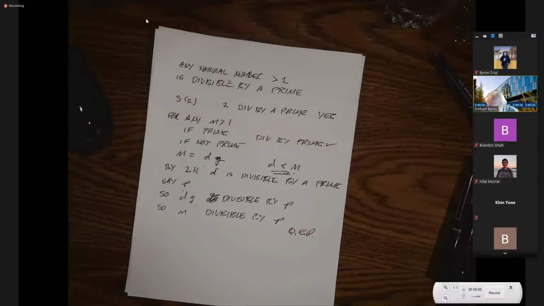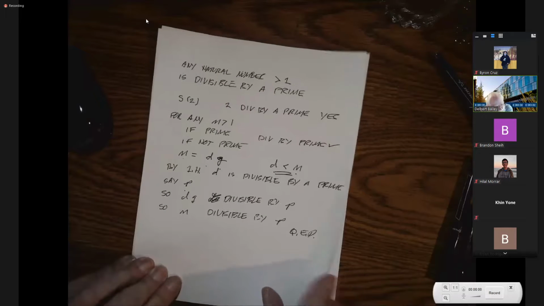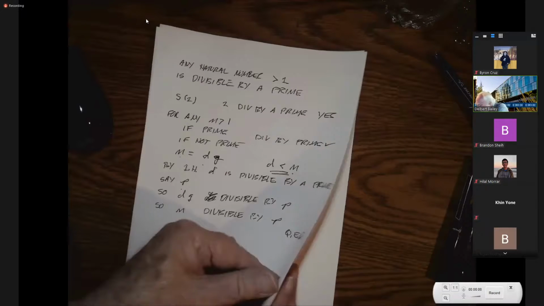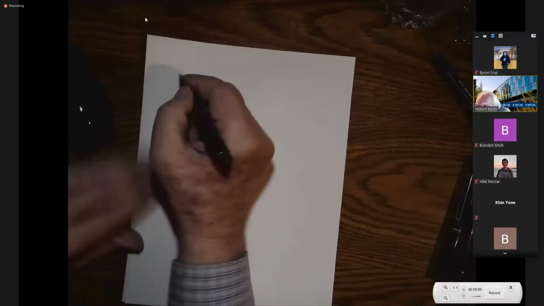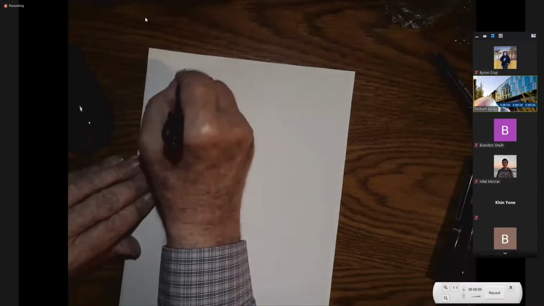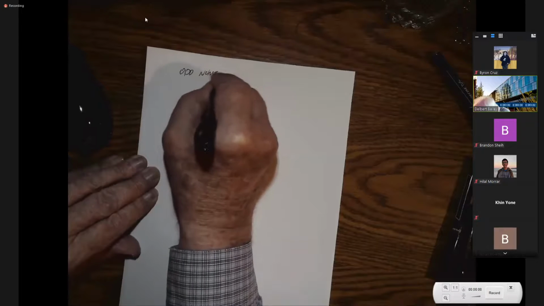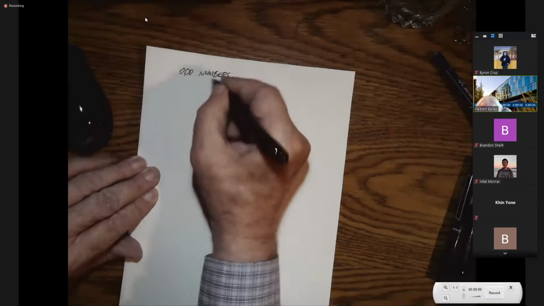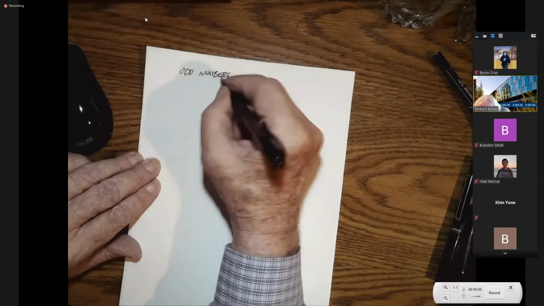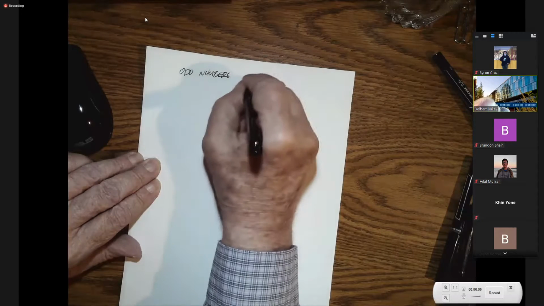Okay, then sometimes a proof could just be a very direct thing. Let's say odd numbers are the difference of 2 squares.